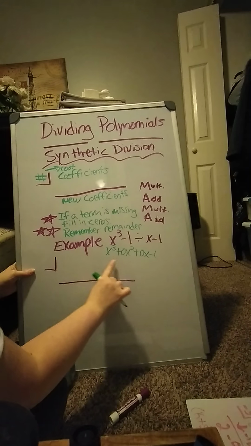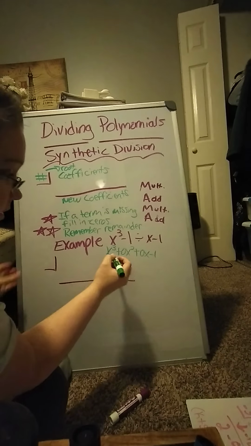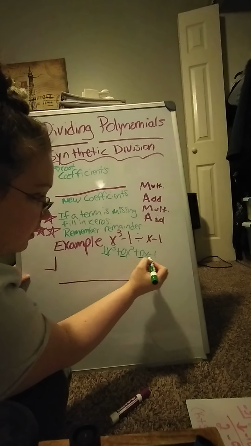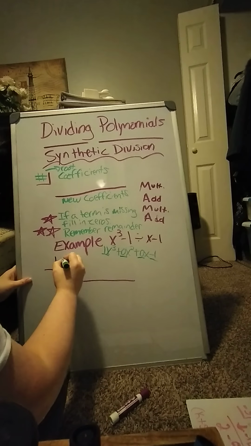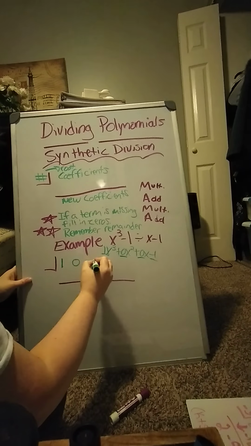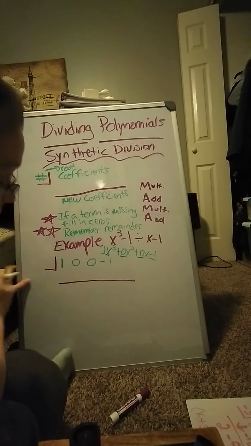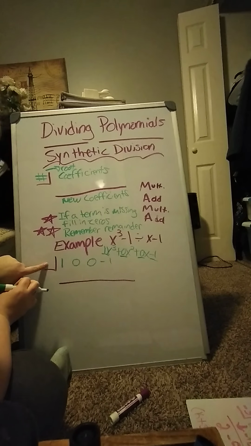And then the numbers that are going to go in this top row here are my coefficients. This is really a 1, 0, 0, negative 1, okay? So I write 1, 0, 0, negative 1. The number that goes in this box is my root.